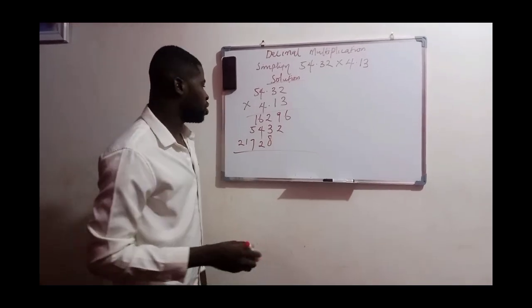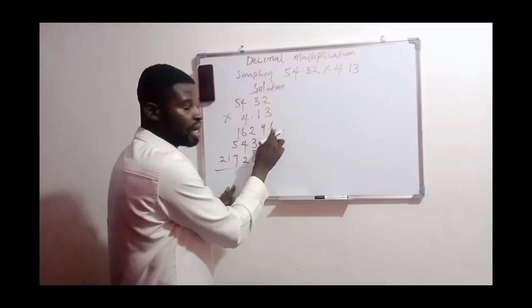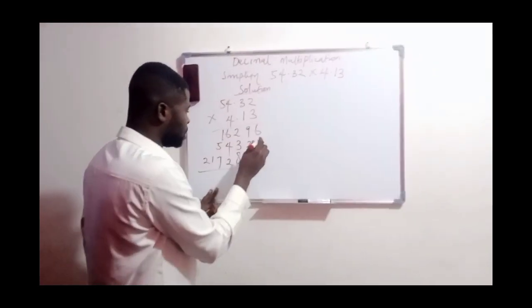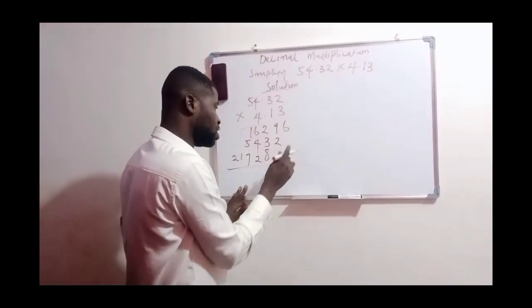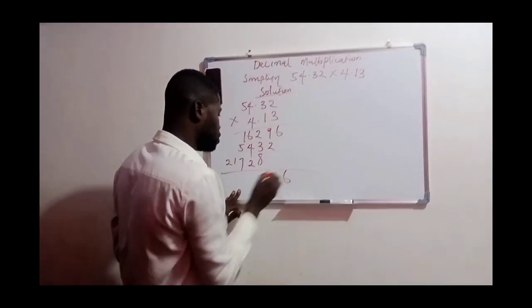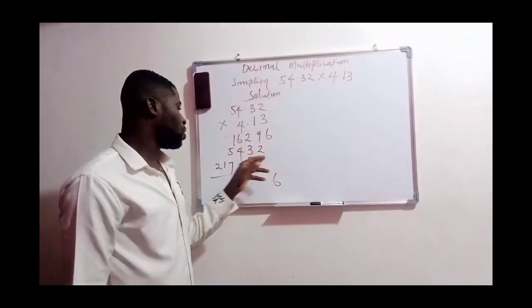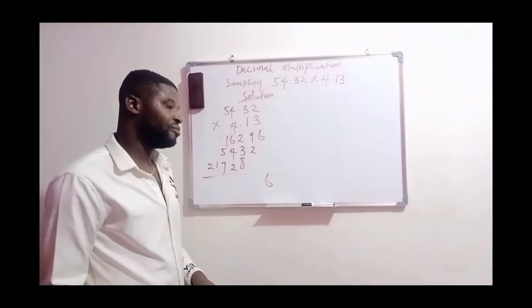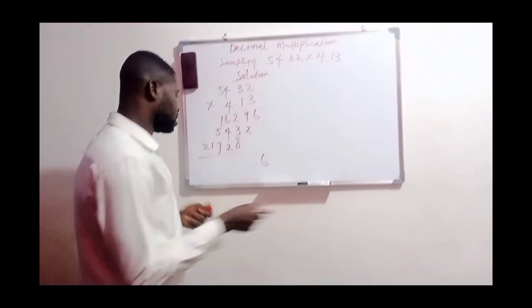Now from this point, we add them together. We bring back 6. That is 6 plus 0 that should have been in this place. It will be equal to 6. Now we go again by saying 9 plus 2 will be equal to 11. You write 1, remainder 1.